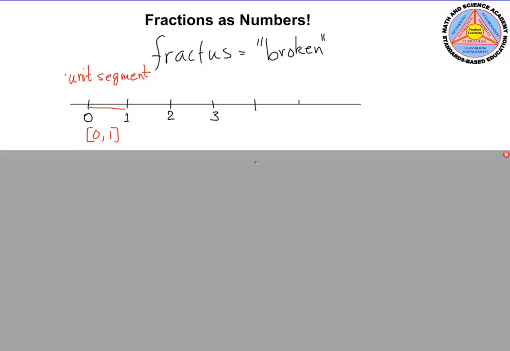Notice now that any segment that has a length that is an integral number of unit segments, say from A to B, this length is a multiple of the unit segment. This is an idea that we use when we add and subtract numbers on a number line.